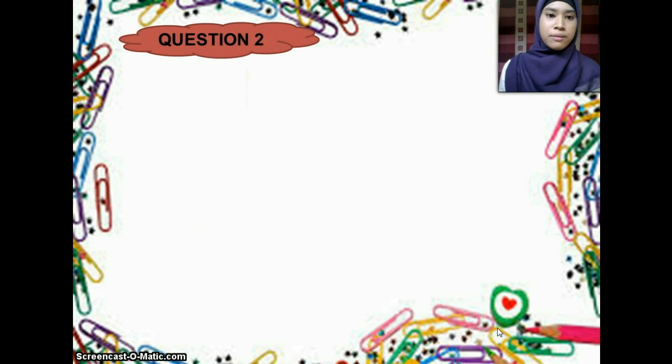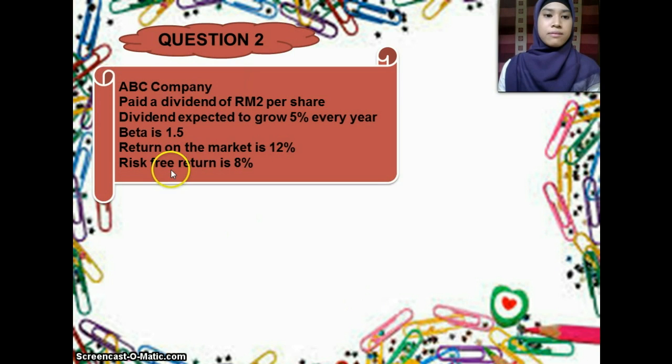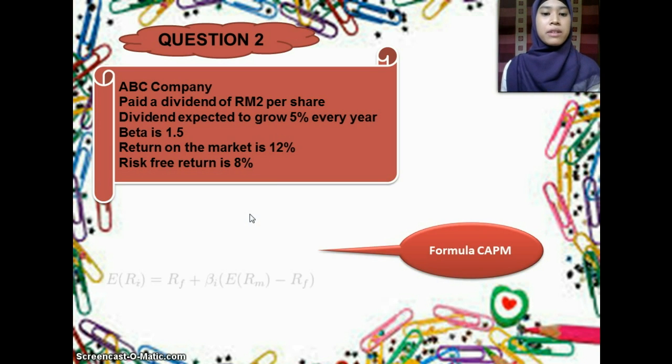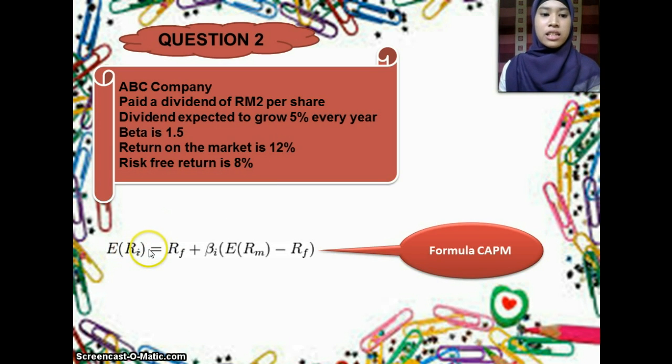Question number 2. ABC company intends to pay RM 2 per share and is expected to grow 5% every year. Beta is 1.5, return on the market is 12%, and risk-free return is 8%. Before we calculate the value of the stock, we must calculate CAPM. The formula of CAPM is ER, or expected return, equals risk-free return plus beta times return on the market minus risk-free return.